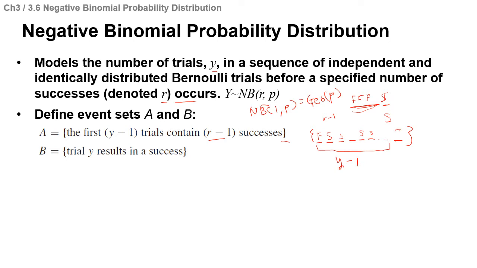And for the last event it is a success. That's the event B, trial y results in a success. This is for set B, and this is for set A.